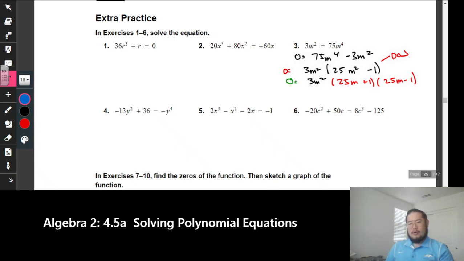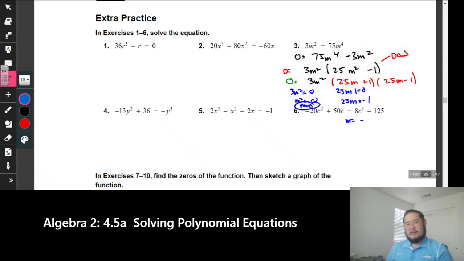Okay, so we're going to go ahead and find our solutions here. You got 3m squared is equal to 0, and m squared is equal to, divide both sides by 3, 0, and m is equal to 0. Okay, so there's one solution, m is equal to 0. We got 25m plus 1 is equal to 0. We got 25m is equal to negative 1.